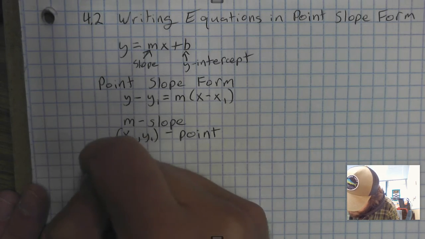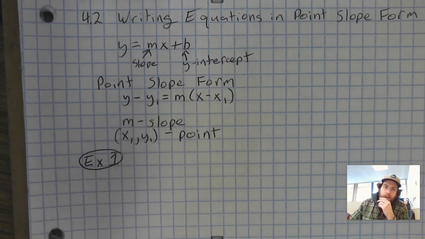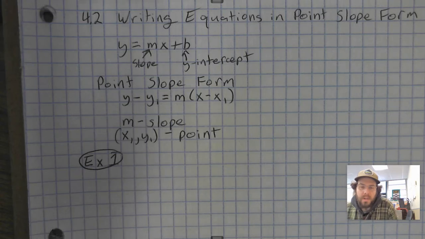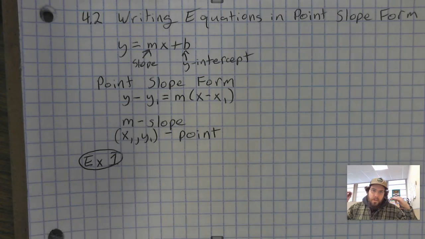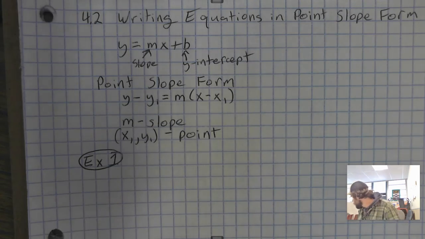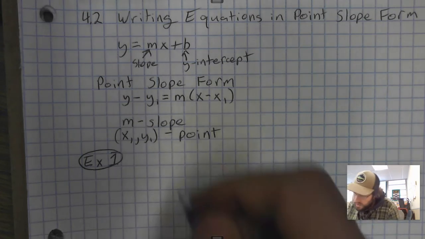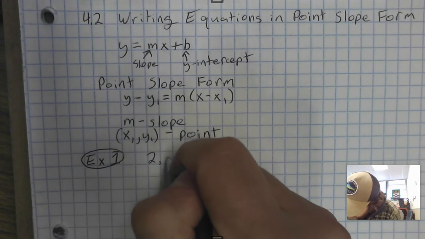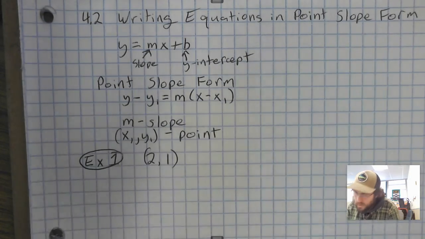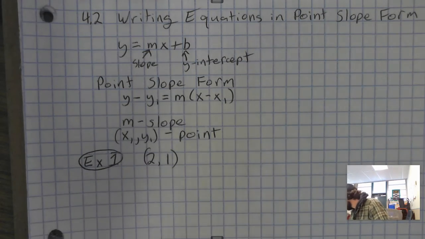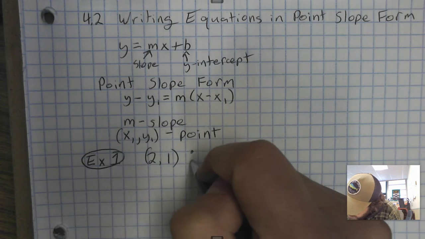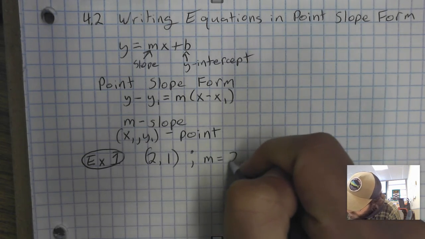Example 1. We always start out with the most straightforward examples, where we literally just give you a point and a slope, and can you put it in this point slope form? So the first example, they're going to give us a point 2 comma 1, and a slope, m equals 2.